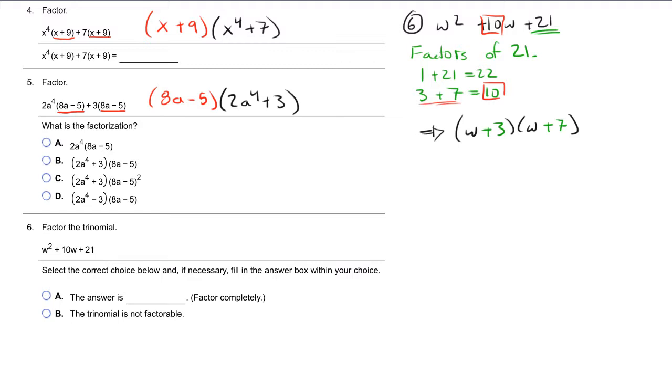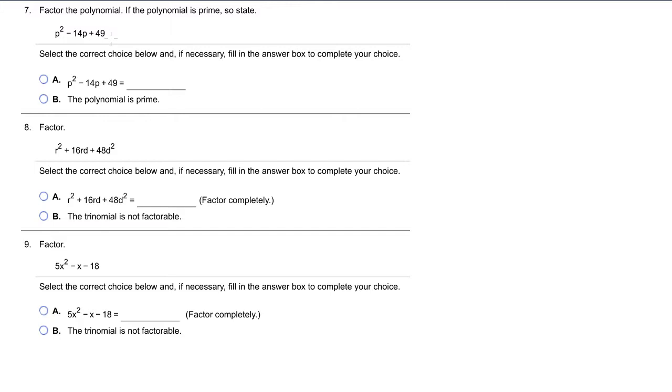All right, next set of exercises. We're going to factor this polynomial p squared minus 14p plus 49. If the polynomial is prime, so state. It's not prime.